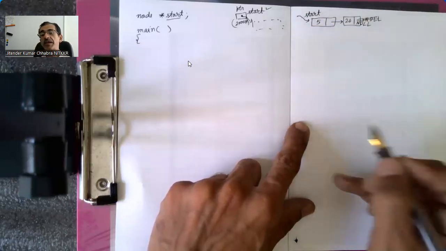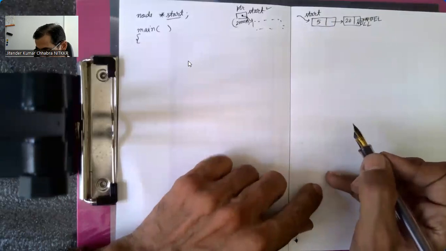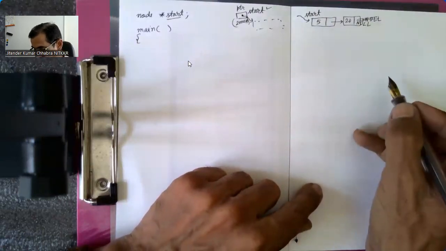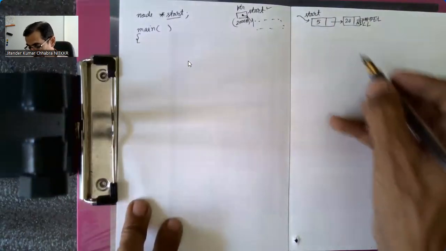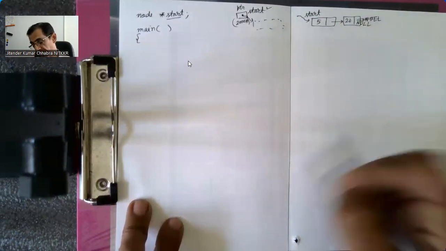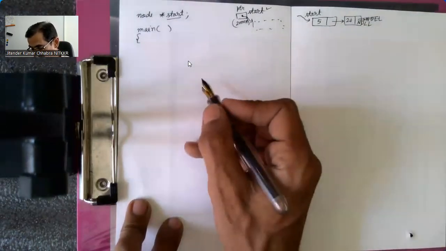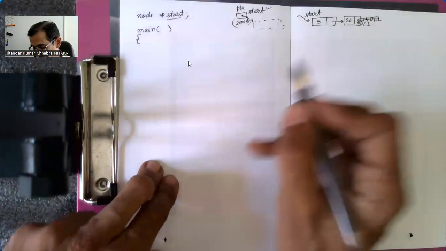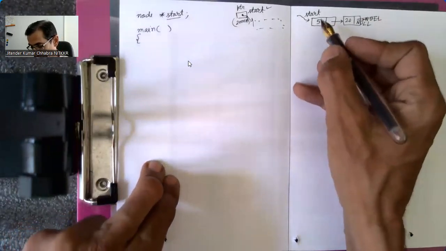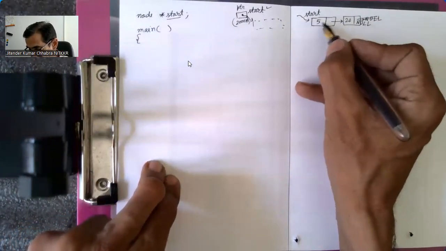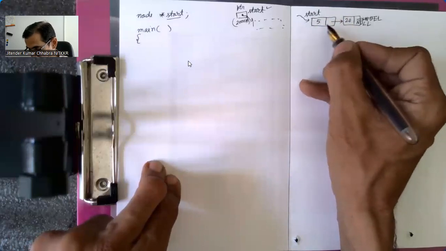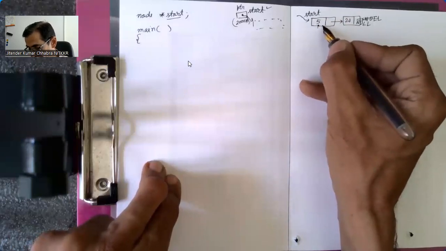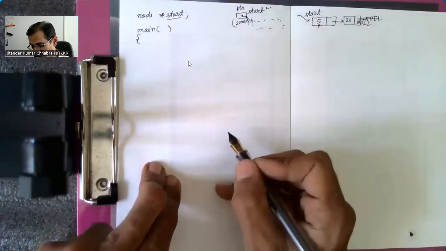For the time being, I am making it a very simple list that has only 2 nodes, and I want to generate this list with fixed values 5 and 20. Later, we will refine it for n nodes with general values. First of all, let's go one by one. I want start to point to this node and have value 5 and some linking.